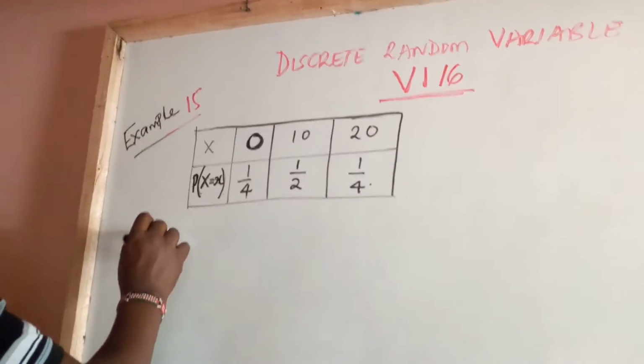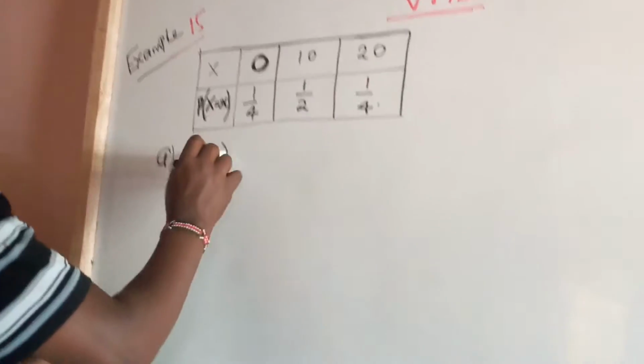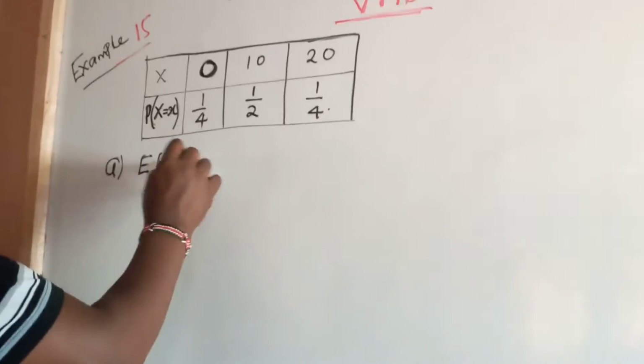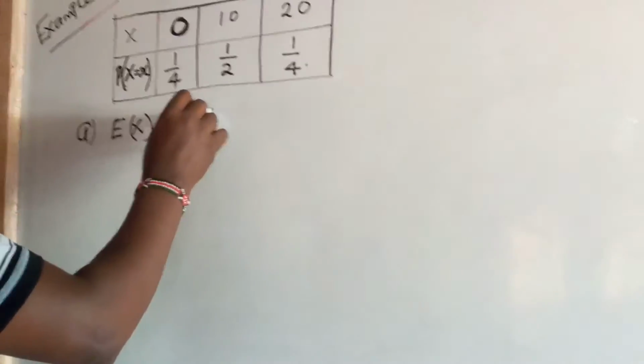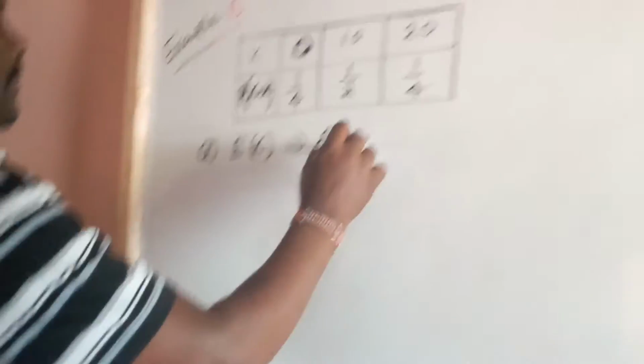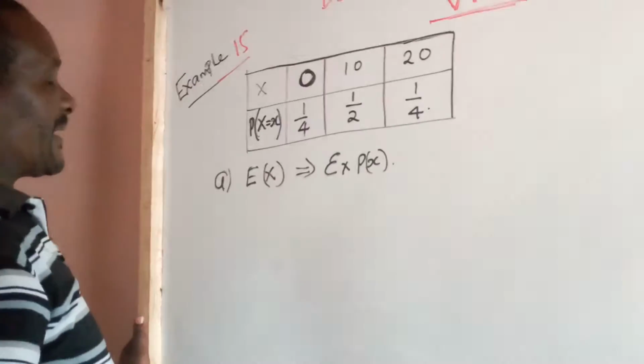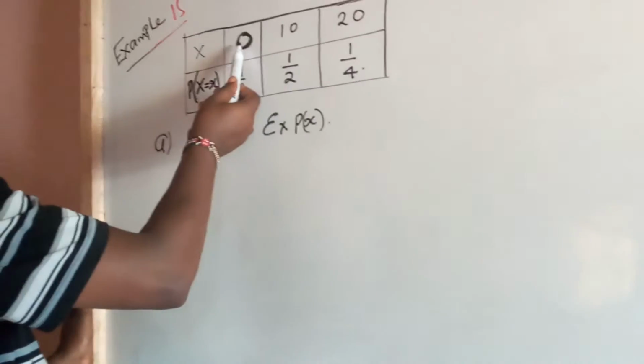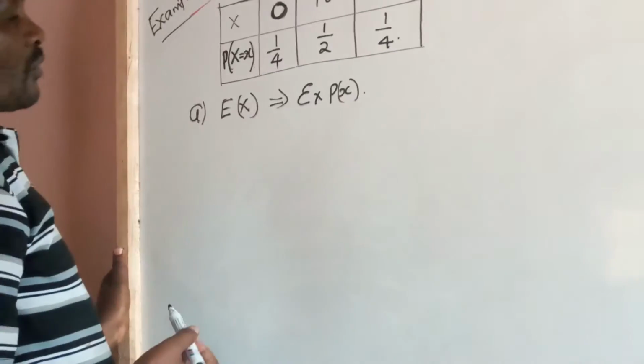Find E(X). Let's first of all do this. E(X), we know very well, is the sigma of x times the probability of x. One thing we must note is that when X is 0, the probability is a quarter.